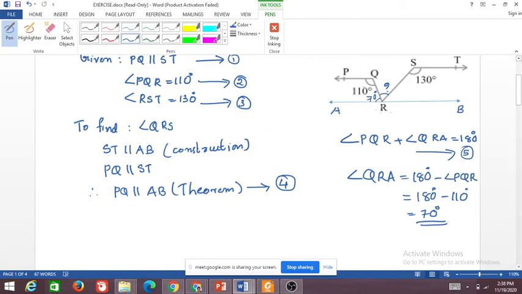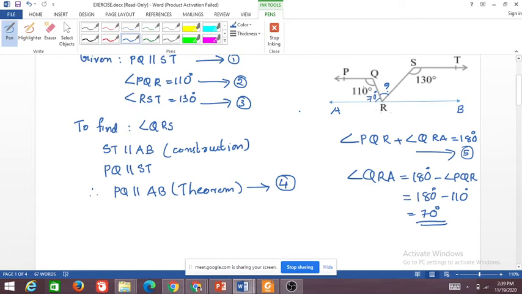See, this angle and this angle, they are interior angles, first thing. And there is a transversal, they are on the same side of the transversal. So then look at what is the property of interior angles on the same side of the transversal when the lines are parallel. So then you just arrive at the equation, the theorem, right?